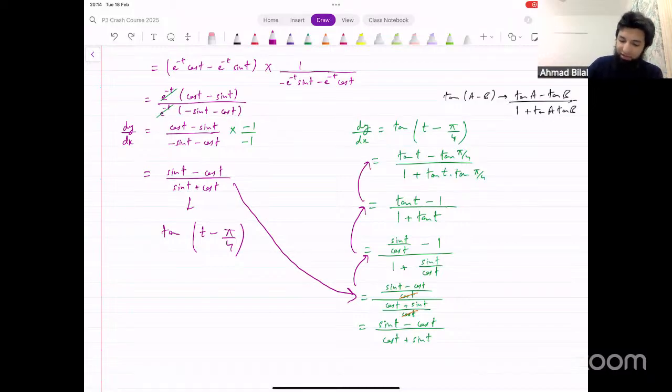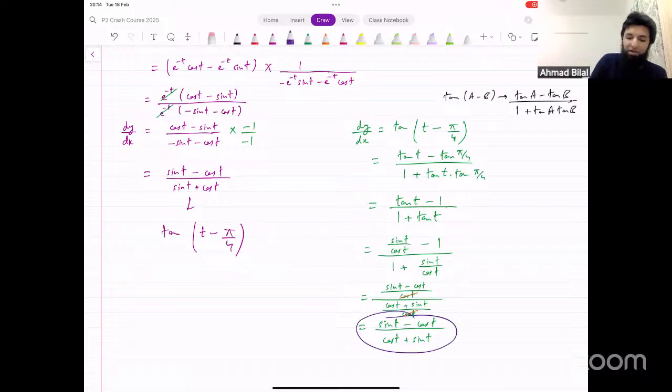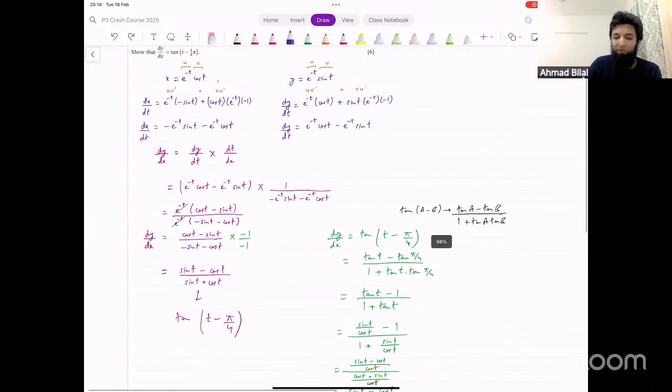So you write like this, and then you go back to this form. That's much more difficult to do. It's possible, but it requires a lot more thinking. So this is much easier: you expand that compound angle and then prove that it becomes the same thing that we're getting in this case. And that's going to be a complete proof for this.